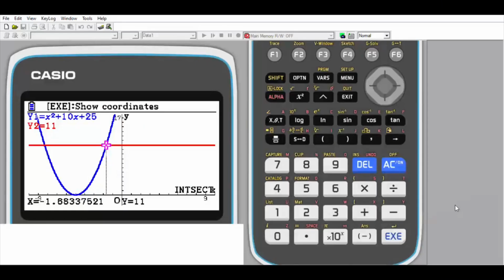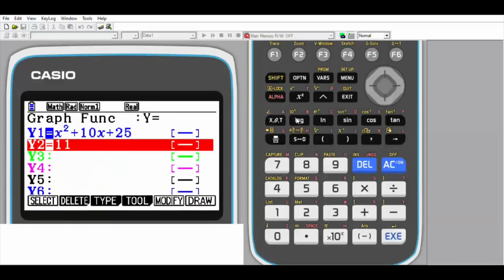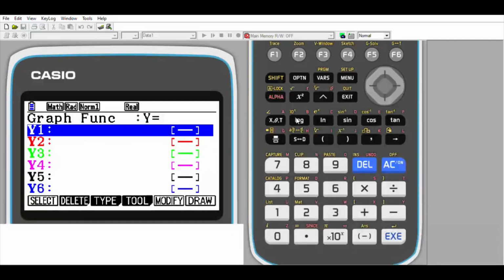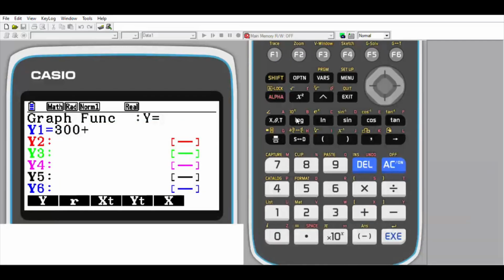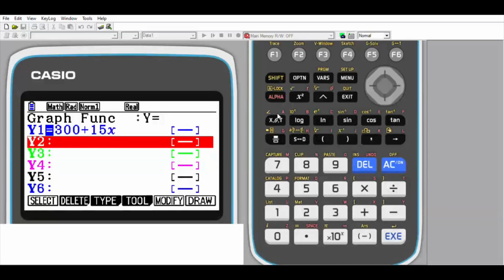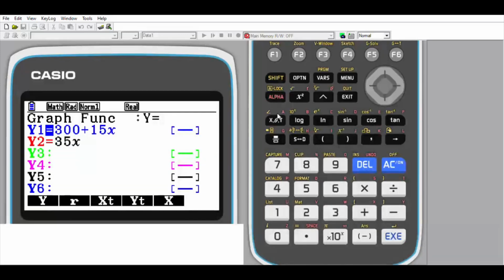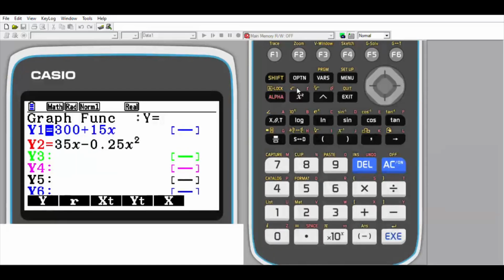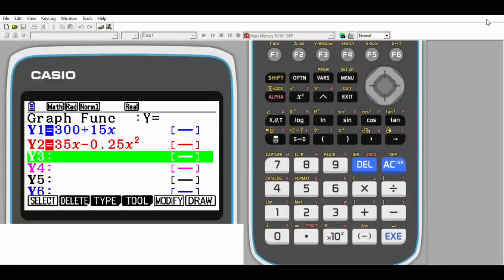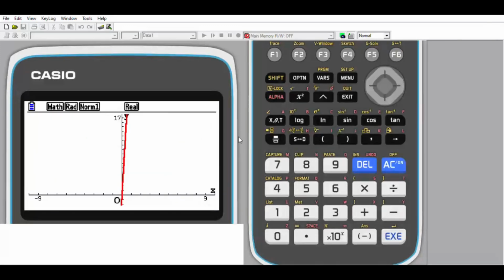So if we go back now to the calculator, I'm going to erase this once again. And I'm going to write the cost function, 300 plus 15x, and the revenue equation, which is 35x minus 0.25x squared. If we draw this, F6, okay, we don't see this because of the scale, but let's see if I can zoom out of this.